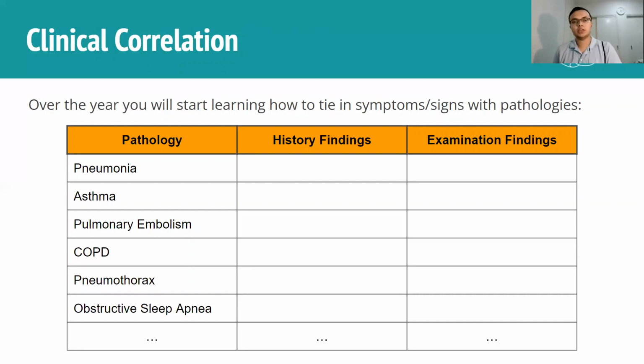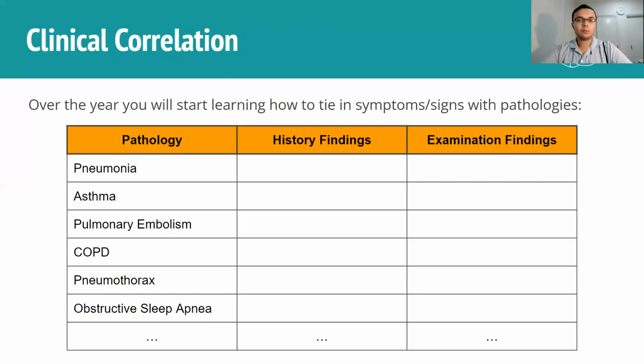So as we go through the year, I recommend making a table of the different conditions you're learning, and also the relevant history findings and examination findings, so that when you're doing an OSCE or when you're practicing, you can start to move beyond just asking questions and thinking about actual diagnoses.